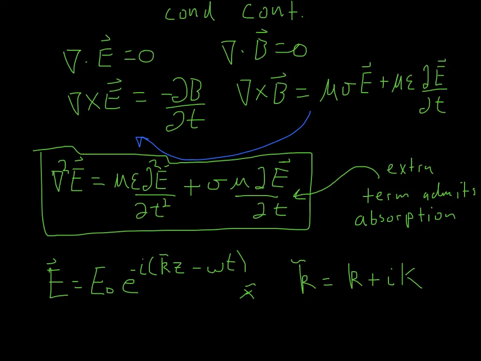That's going to cause damping. It's going to cause absorption. So we don't have a totally free traveling wave, but a damped traveling wave. And this one's damped for other reasons, because there's actually conductivity present. And the conductivity is not infinite, or rather, there's friction moving these charges through the metal.